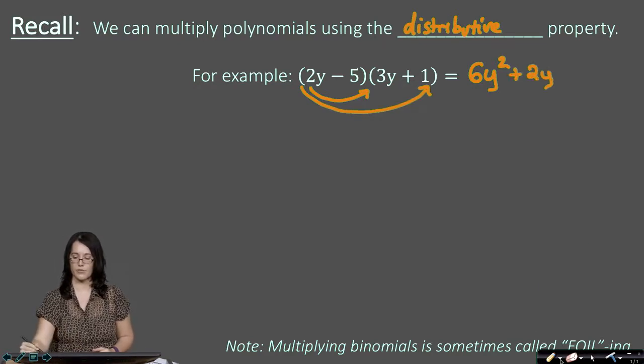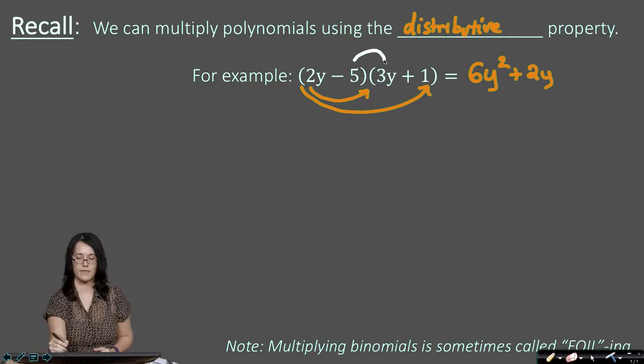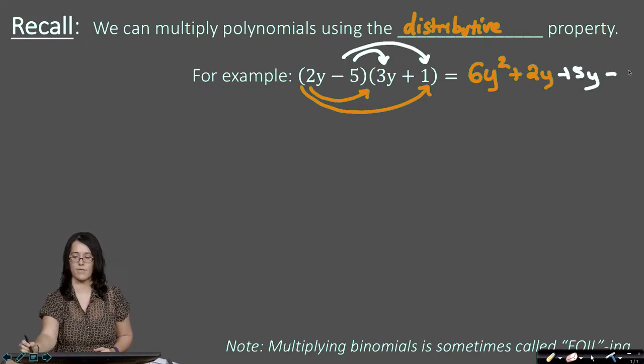Then we could also distribute the negative 5 times each of the items in the other parentheses, right? So if we take that negative 5 times 3y, we're at negative 15y. And if we take the negative 5 times the positive 1, we're at the negative 5. Combining like terms allows us to now have a trinomial, meaning 3 terms instead of 2 terms.